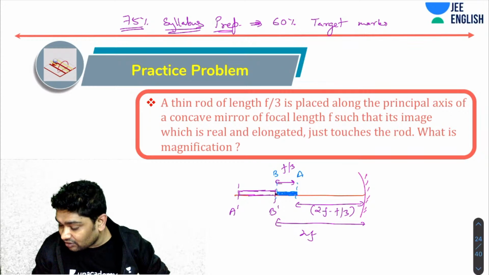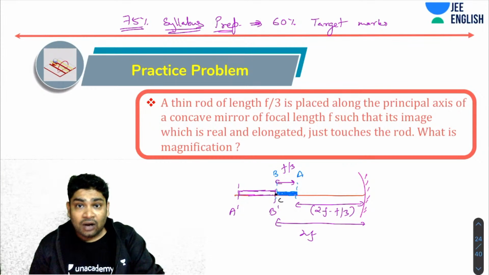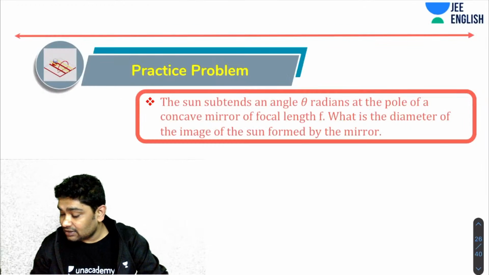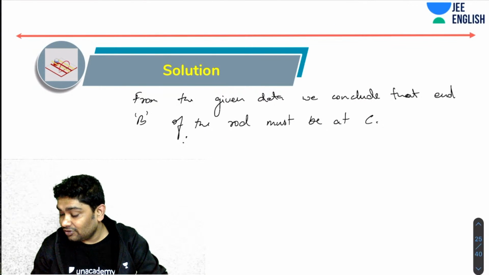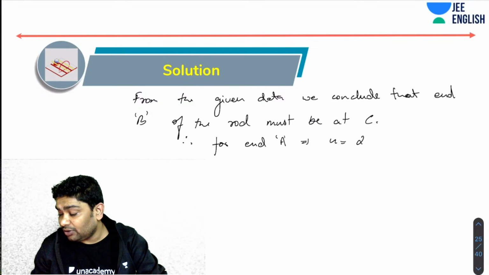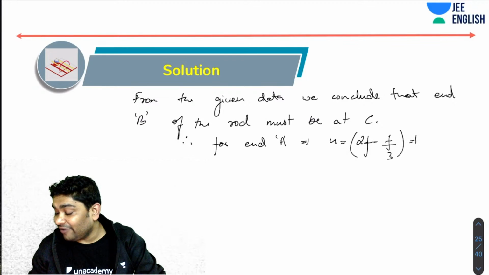This is the center of curvature. Now that makes the position for A as, so therefore for end A, how much will u be? u would have been 2f minus f by 3, right? I just showed you. This comes out to be 5 by 3 f.